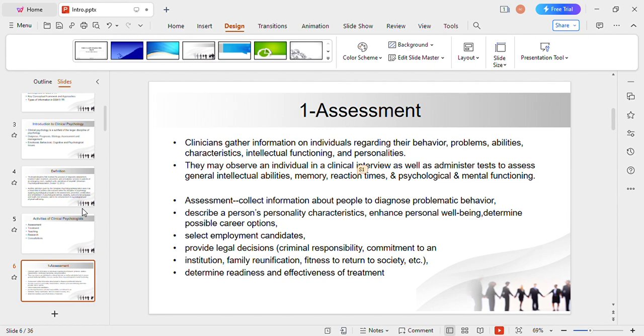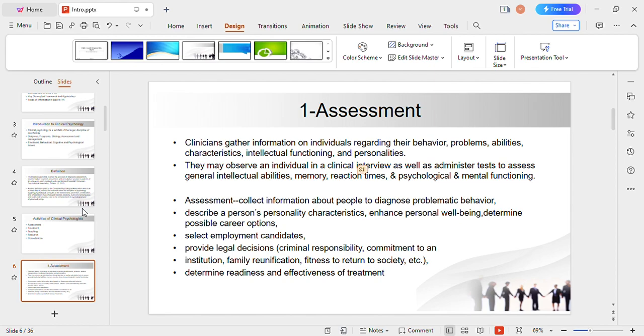Okay, so again the question arises, how can a psychologist gather all this information? The very first point, the psychologist can gather all this information through clinical interview. And all of you know, clinical interview and administered tests are both very important to produce better results and to get in-depth information about any problem.